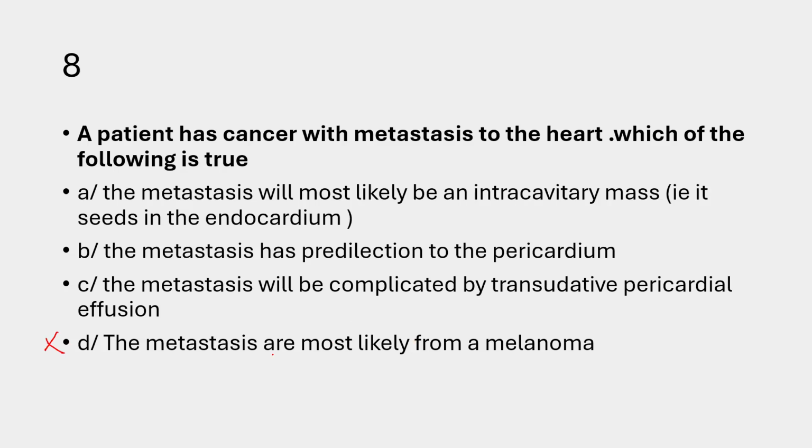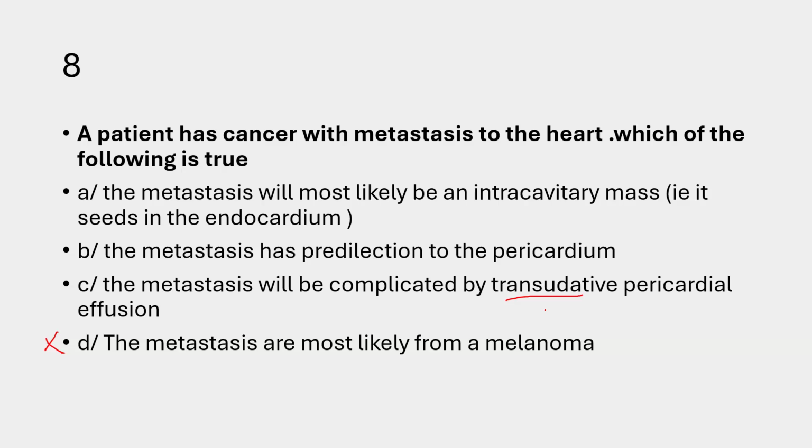So will the mets be intracavitary or will it be pericardium? Will the effusion be transudative or exudative? We have mentioned that. Malignant pericardial effusions are always exudative and hemorrhagic too. Okay? Transudative is like viral pericarditis or connective tissue disease, stuff like that.